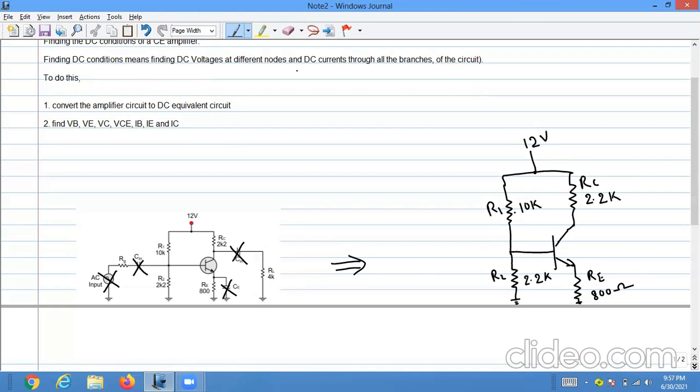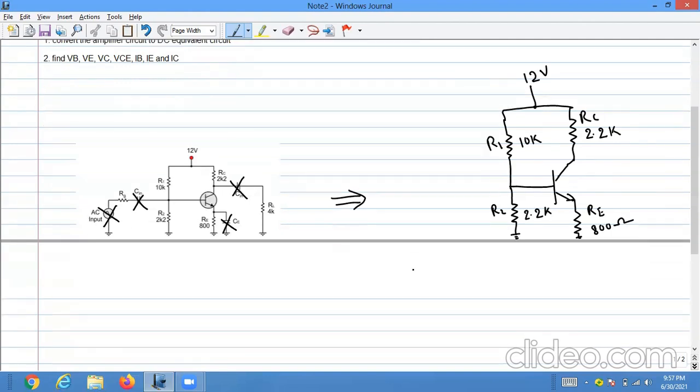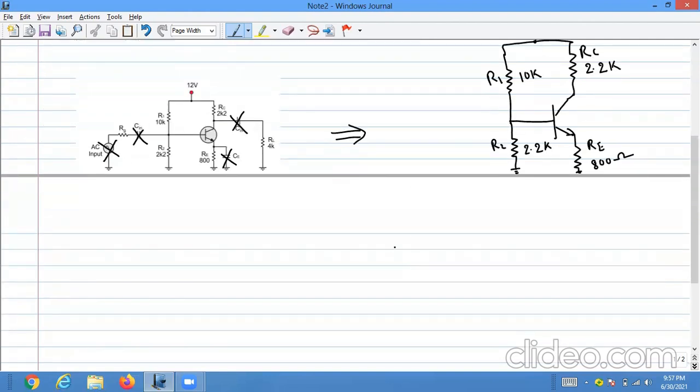After drawing this equivalent circuit, we need to find the voltage levels at the different nodes. First we will find VB, that is the voltage at this base terminal.